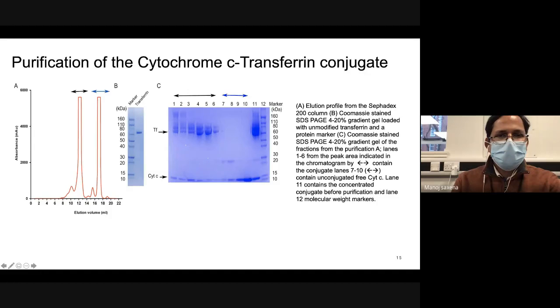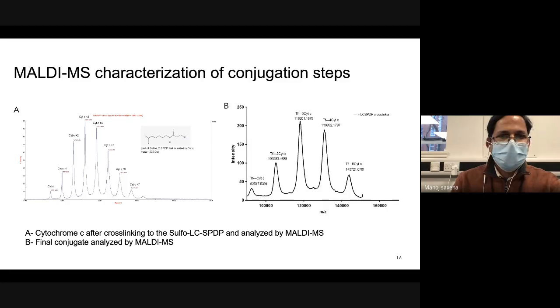This was further characterized to show that these two proteins are attached, and also to show how many proteins are attached together. As you have seen in previous slides, and as Dr. Tinoco mentioned, the size of transferrin is about 80 kilodaltons, whereas cytochrome C is a smaller protein. So there is a possibility that multiple cytochrome C will bind to transferrin.